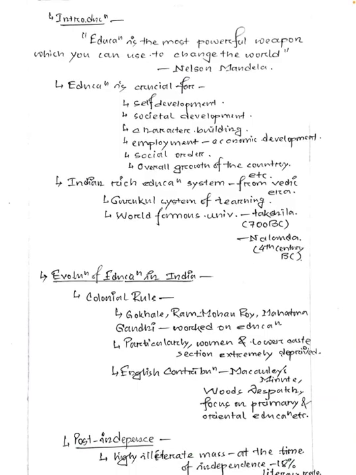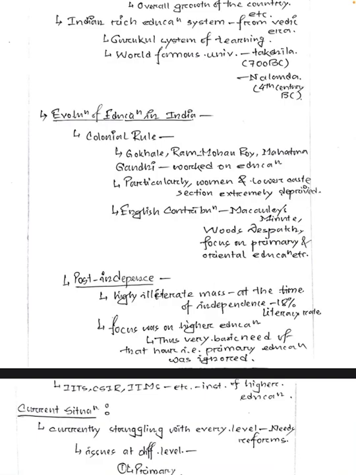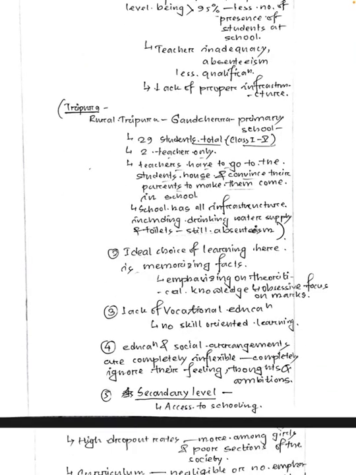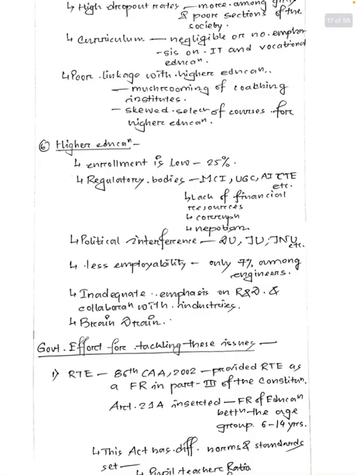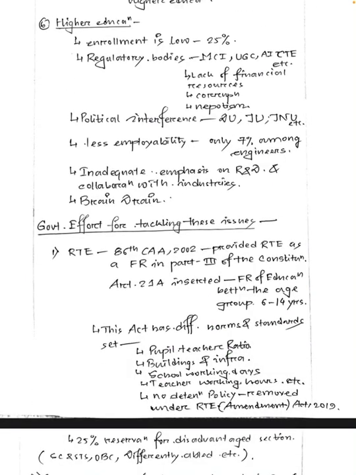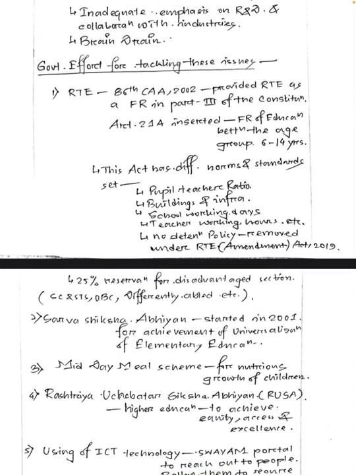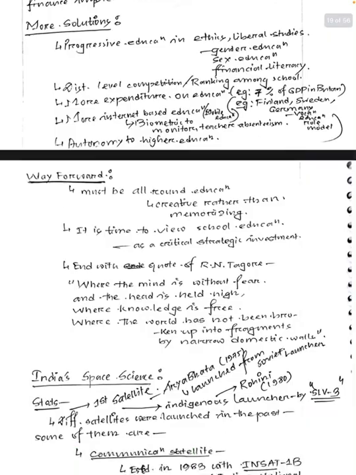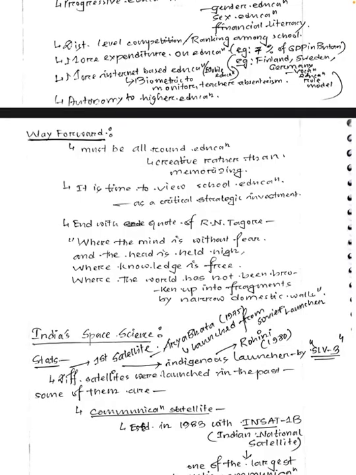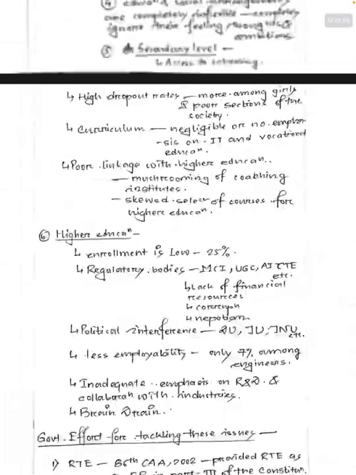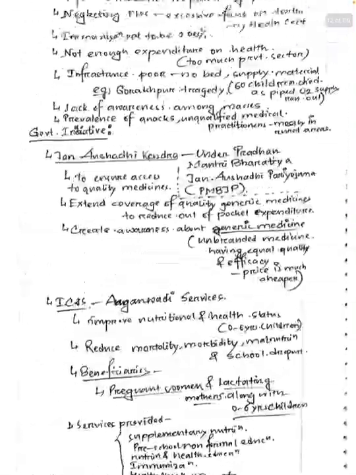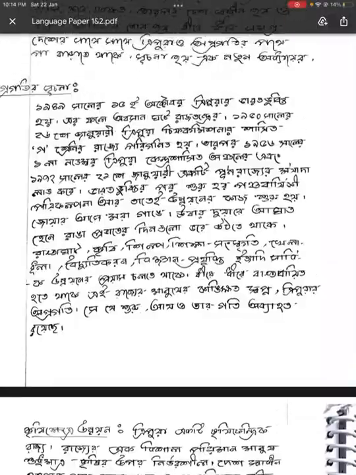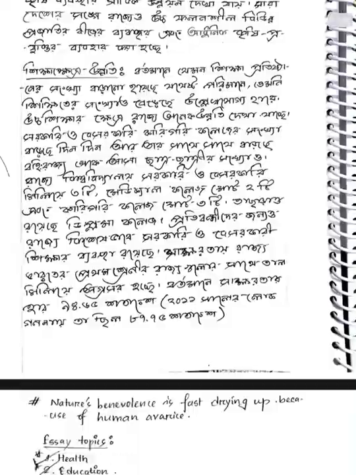A few things for the introduction, then evolution of education in India, current situation, a few things related to Tripura, then government effort for tackling these issues, that is different schemes, more solutions, and then finally the way forward. So guys, that's it. This was the strategy that I took for preparing.